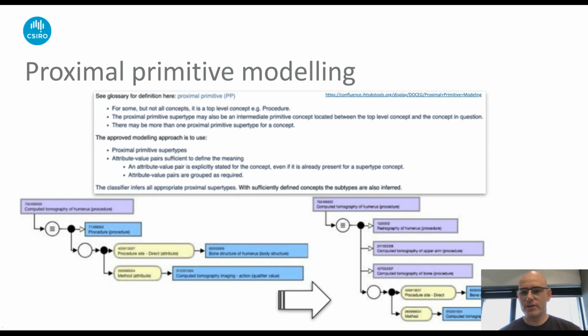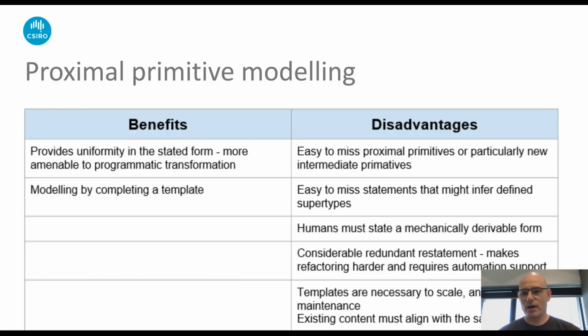In the example, these are taken off the wiki page. There's computed tomography of humerus, which is based off the procedure concept, which is quite high up the hierarchy, and then refined down using a procedure site and a method to ultimately infer the additional parents.